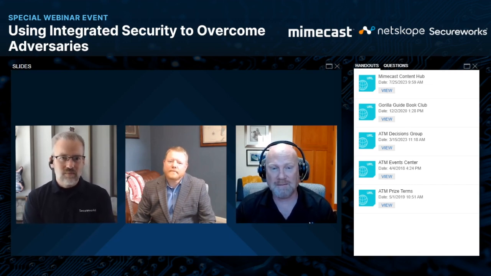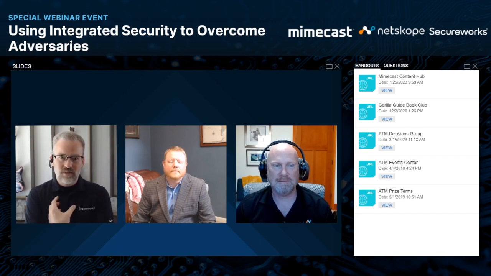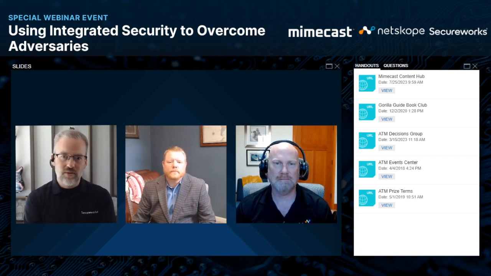Thanks, David. Howdy, folks. My name's Ryan Albin. I'm with SecureWorks. And really, to David's point, there was a time where I was a customer of SecureWorks. And so I knew what it was like to try to use these different solutions together. And that really drives a lot of my involvement with our Technology Alliances program. So I'm a director within our pre-sales organization that supports the Technology Alliances program.